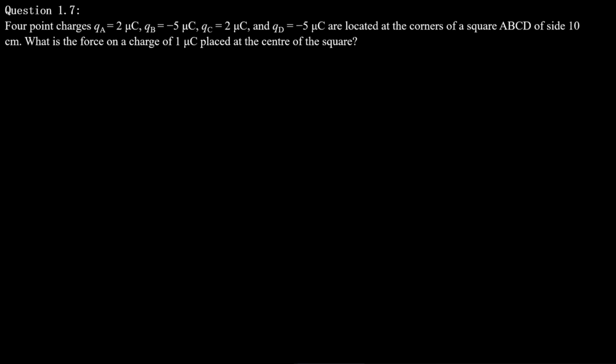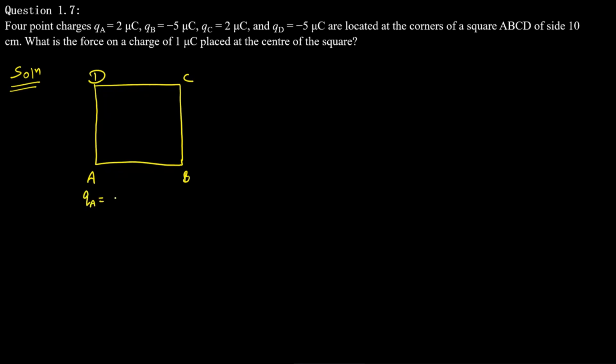Right. Now the next question, 1.7 we are doing. It is given 4 point charges are located on the corners of a square. So let's say this is a square, A, B, C, D. On A, the charge is 2 microcoulomb.